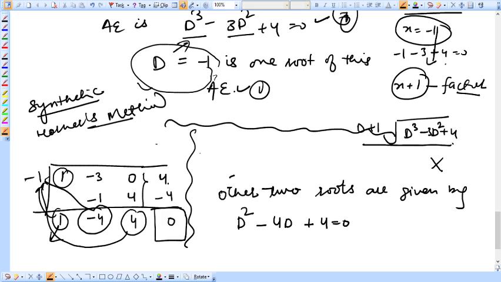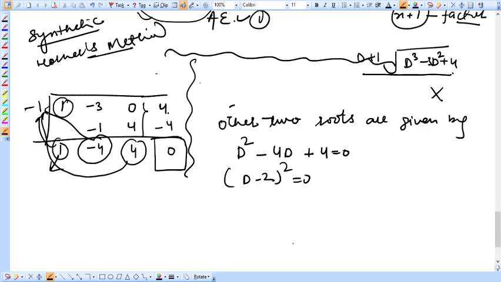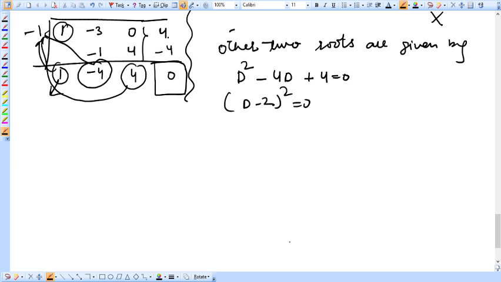You know this can be written as d minus 2 whole square equal to 0. Therefore d equals 2, 2.